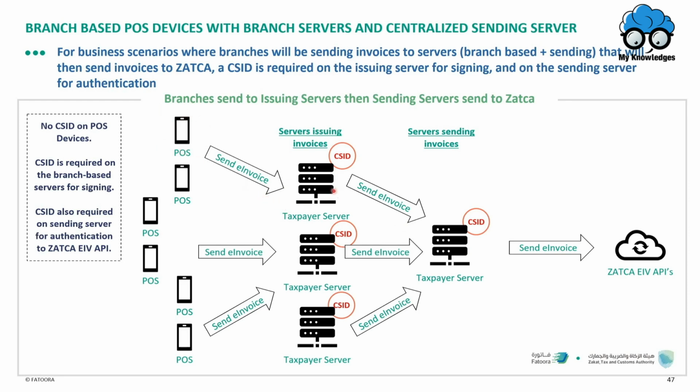However, the local branch server is issuing an invoice but not sending it, so it will have to have a unique CSID per server. And then finally, the centralized server, which is sending to Zatka, would need to have a CSID. So as a general rule of thumb, any machine that is either issuing or sending to Zatka would have to have a CSID.